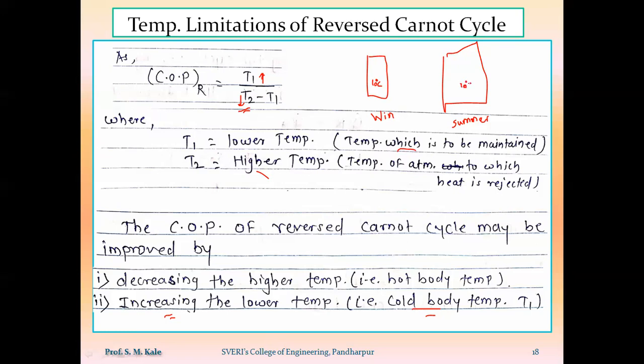So the same refrigerator for the same purpose I am using in the winter season as well as in the summer season. Then my question is, in which case, winter season or summer season, will the value of COP be higher, or will the value of COP of that refrigerator be the same if that refrigerator is working on reverse Carnot cycle?